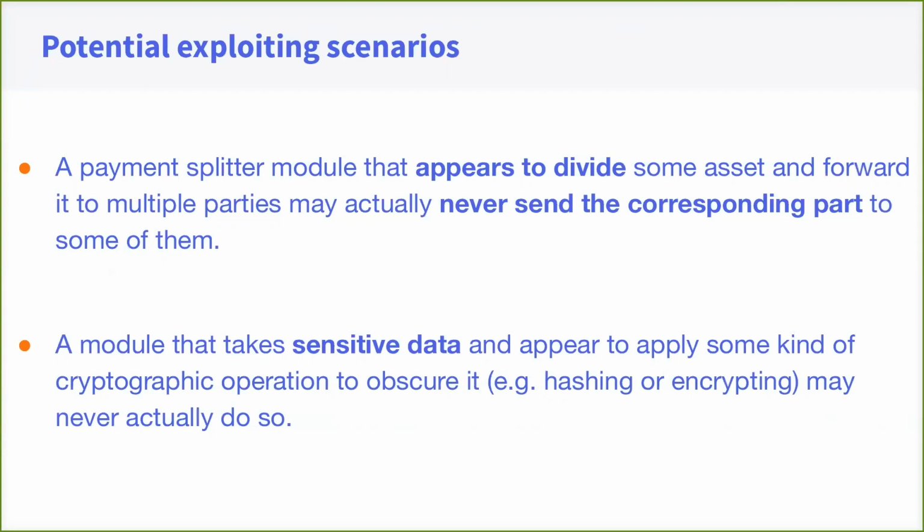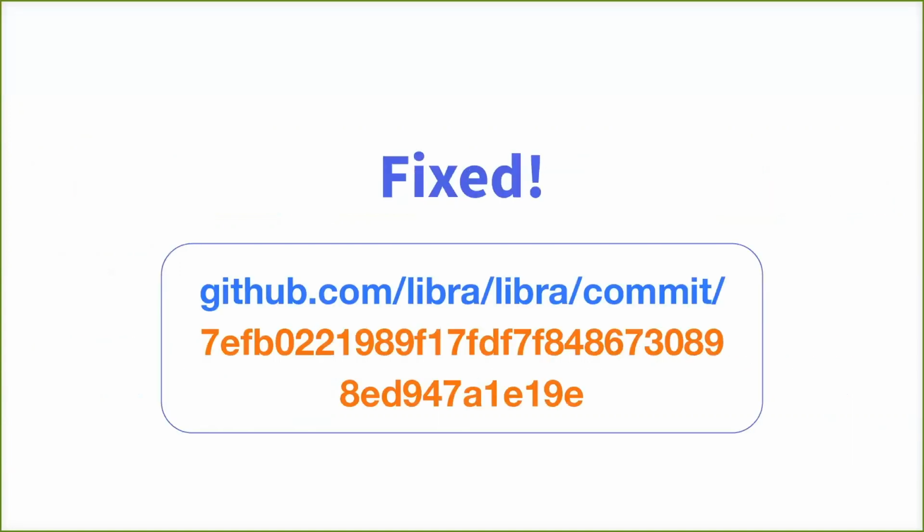Again, we don't know exactly what the features of Move and the main use cases of Move and the Libra platform are yet, but these are some cases where this vulnerability could have caused a huge impact. Luckily, it's been fixed in this commit.